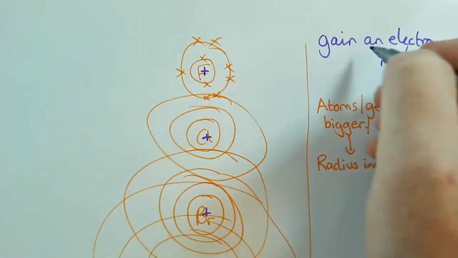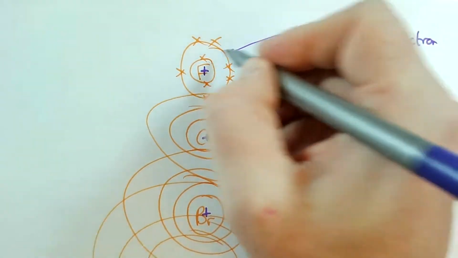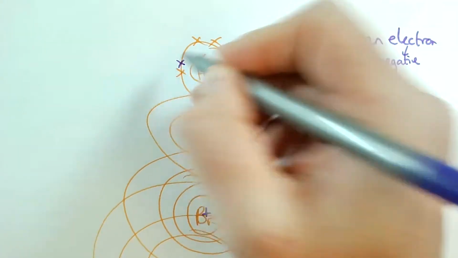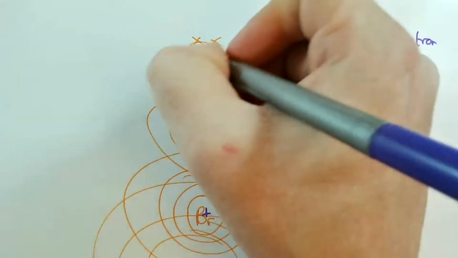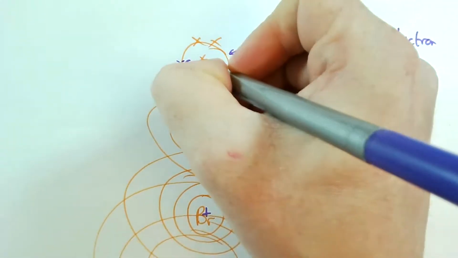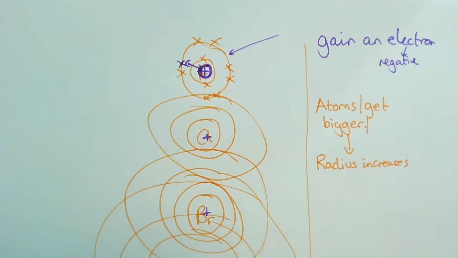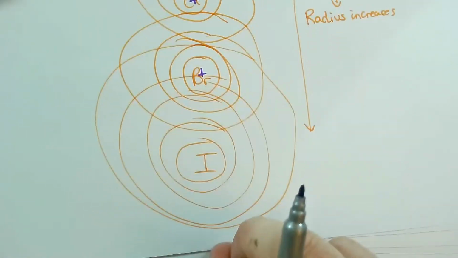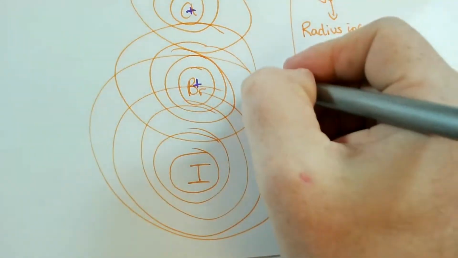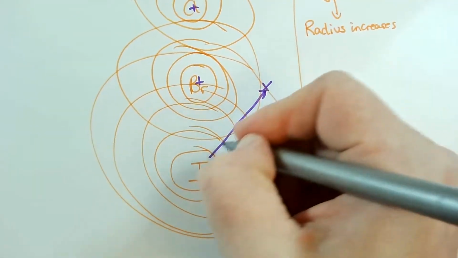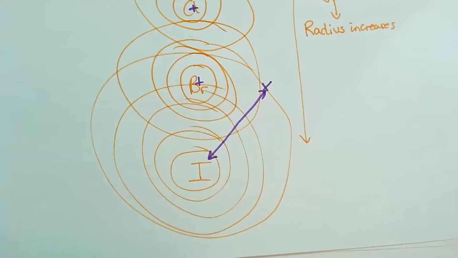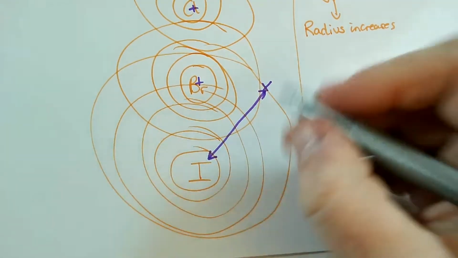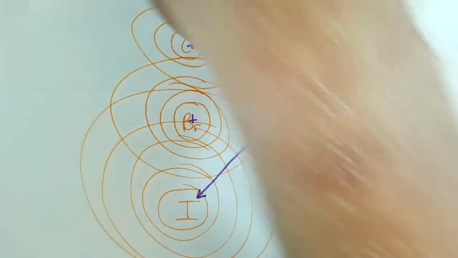Now, if that electron is here, nice and close, lovely. That is close to our positive nucleus. But now, if we look at iodine, monstrous. Big old distance.